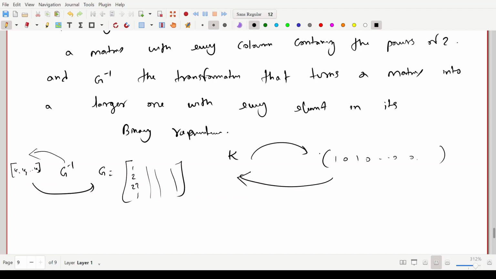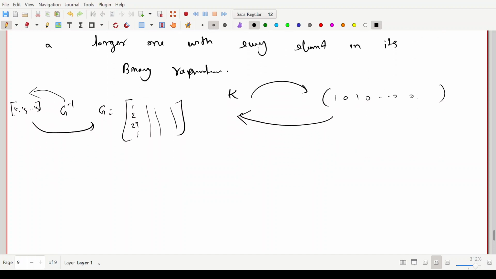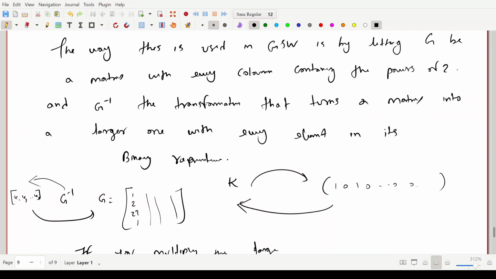Okay, so let me just write that. As you just read, the way this is used in GSW is letting G be a matrix with every column containing the powers of 2. And G inverse is the transformation that turns a matrix into a larger one with every element in its binary representation form.